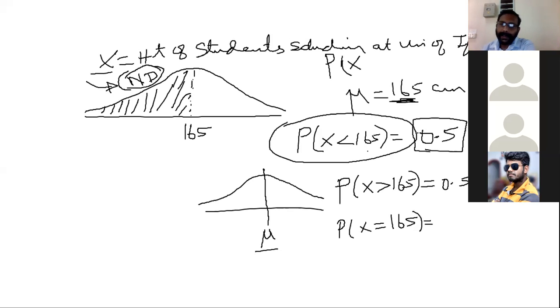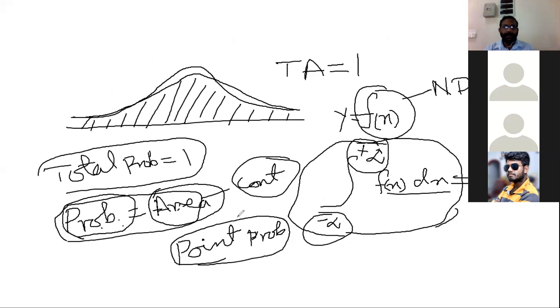You can answer even through chat if you are unable to. So the value is 0. Why? What is the reason the value is 0? Because this is what we call a point probability, as I mentioned earlier.